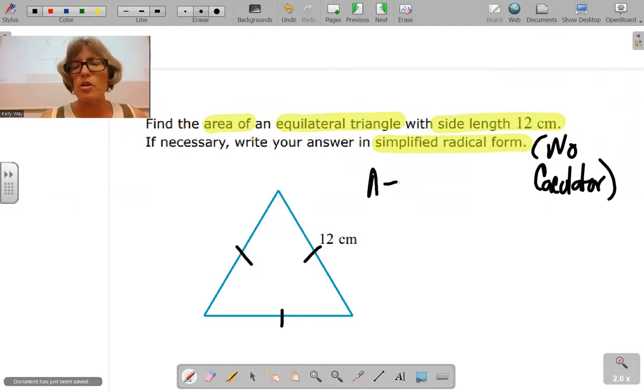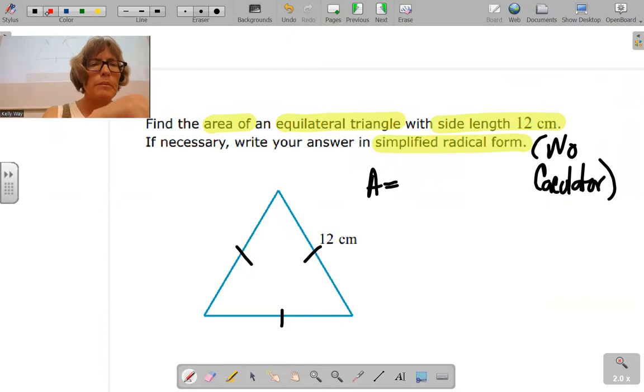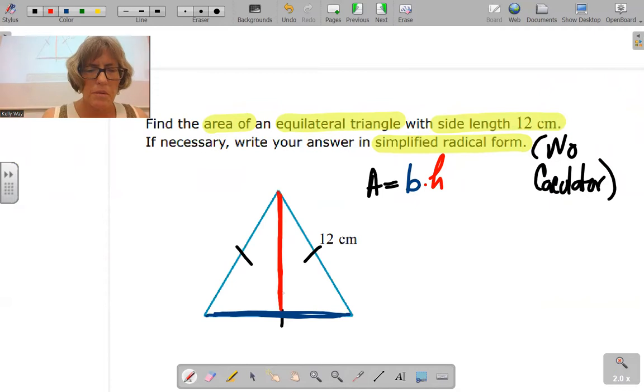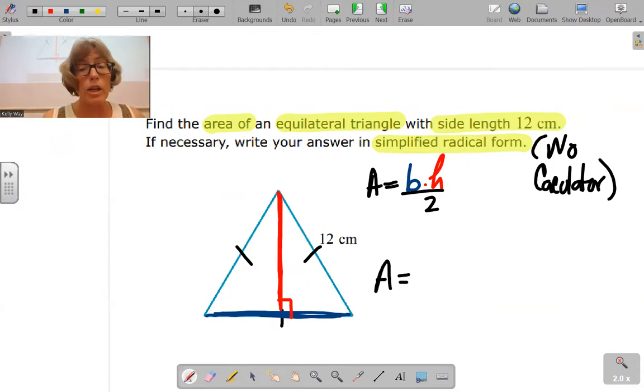We could treat it as a regular triangle, which would be base times height over 2. Or we can treat it as a regular polygon since all 3 sides are equal.